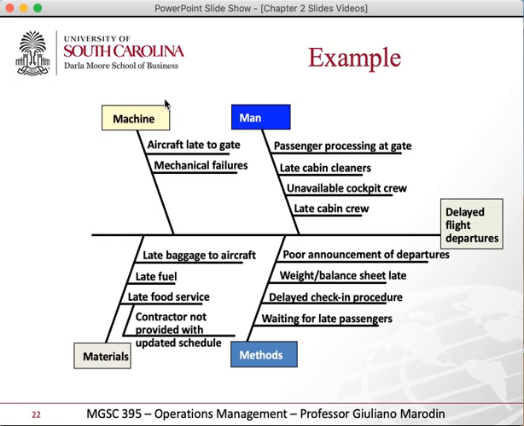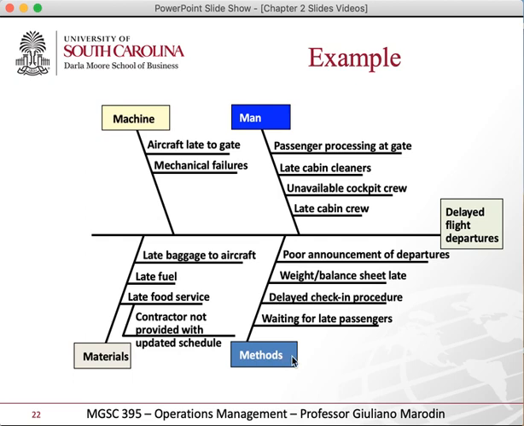Everything that's machine related, so the aircraft and mechanical failures, we put here. Everything that's having the people available, and for them to be trained to do their job, that's men, right? So unavailable, passengers not processed at the gate, or late crew, whatever.